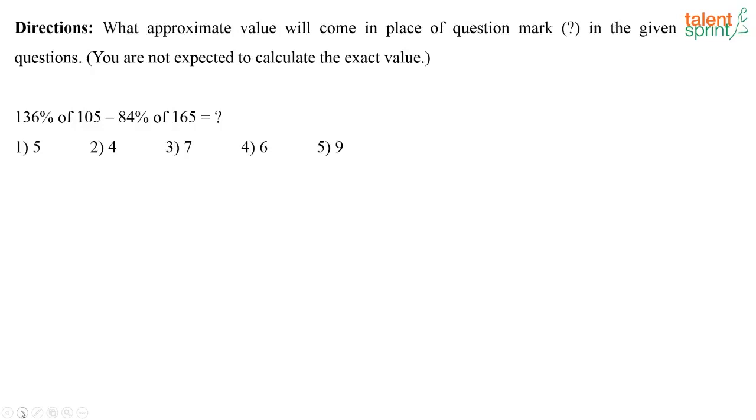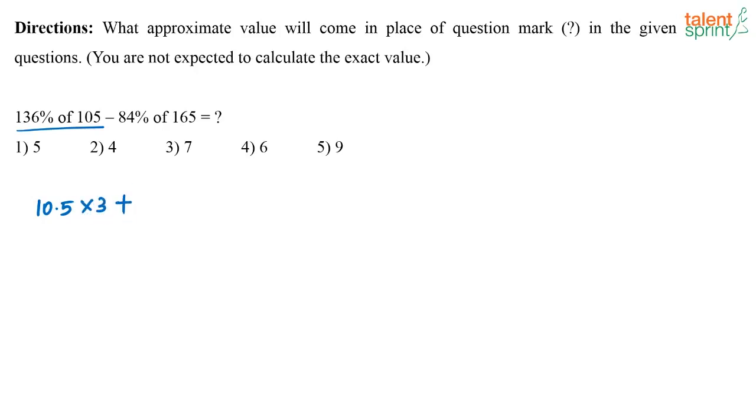Okay, now next one. 136 percentage of 105 minus 84 percentage of 165. So what is 10 percentage of 105? That is 10.5, right? So what is 30 percentage of 105? That is 10.5 into 3.